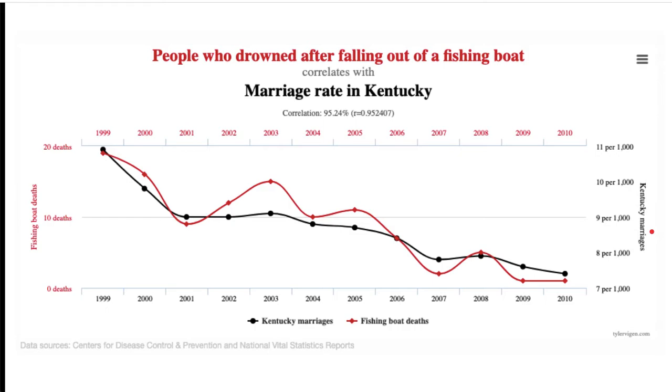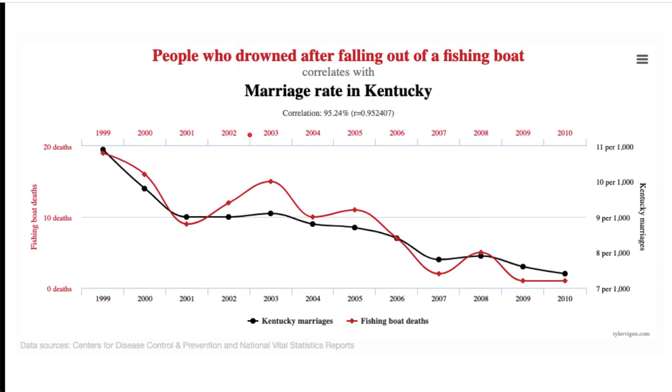And there's many awesome graphs here. And if you look at this, people who drowned after falling out of a fishing boat is our red curve here. And the marriage rate in Kentucky. Interesting. Notice there is a very similar association here.